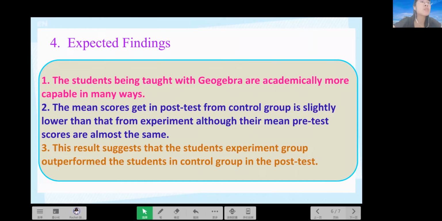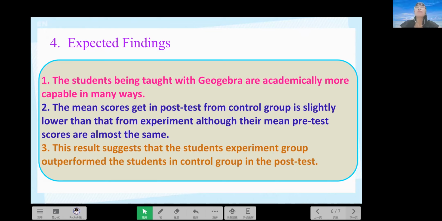The mean score in the post-test from the control group will be slightly lower than that from the experimental group, although their mean pre-test scores are almost the same. So there will be a difference in the post-test even though the pre-test scores are almost the same.